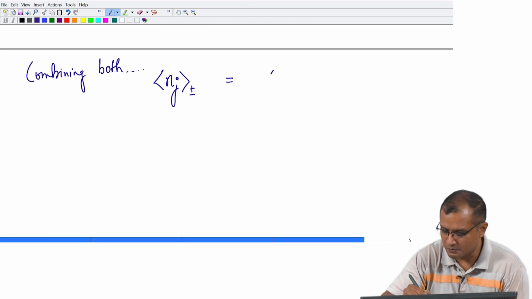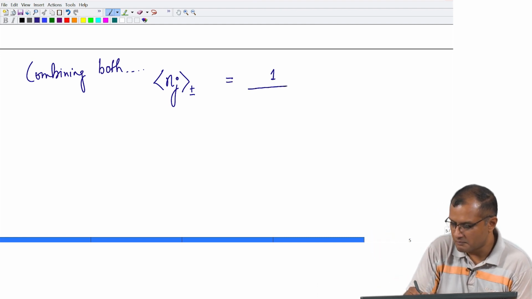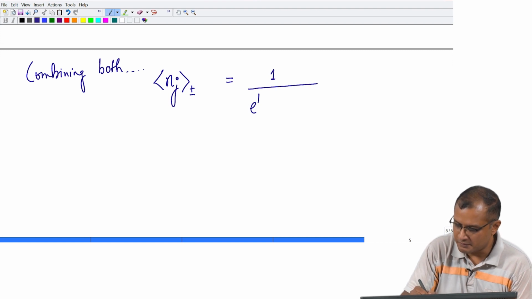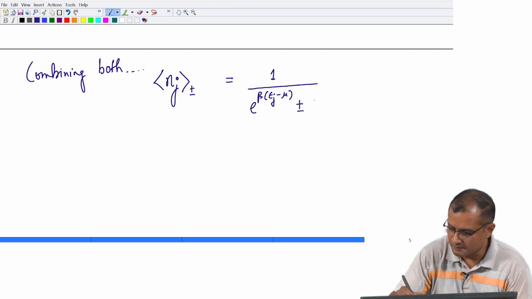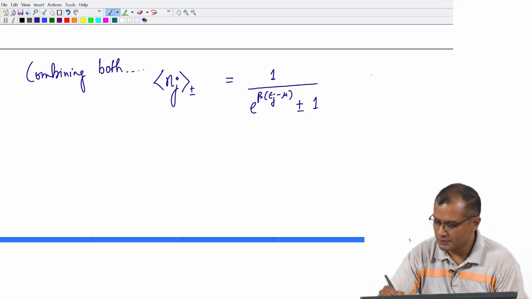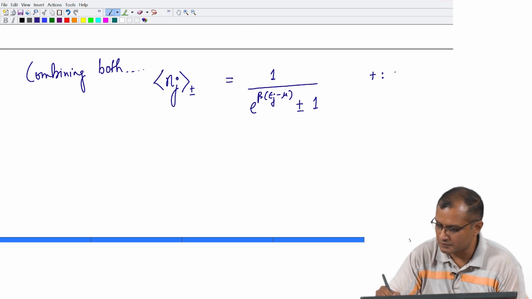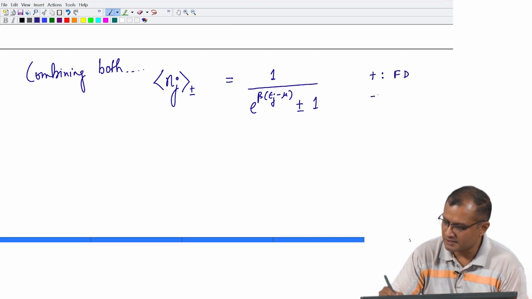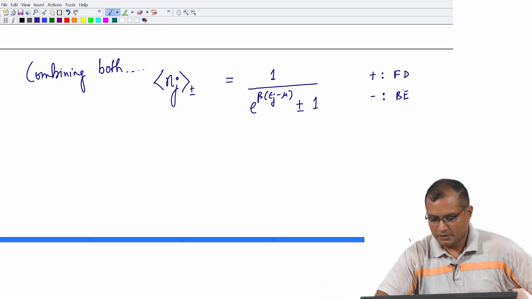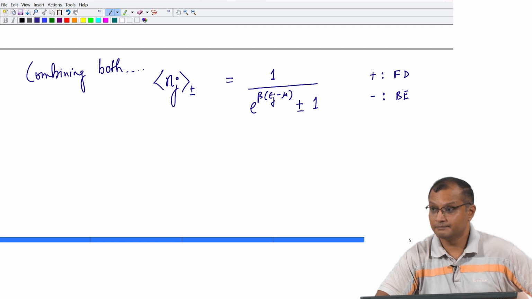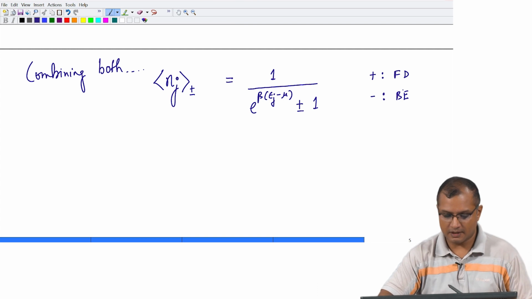I can write it as 1 upon e raised to beta (E j minus mu) plus minus 1. So, plus here corresponds to Fermi-Dirac statistics and the minus corresponds to Bose-Einstein statistics.